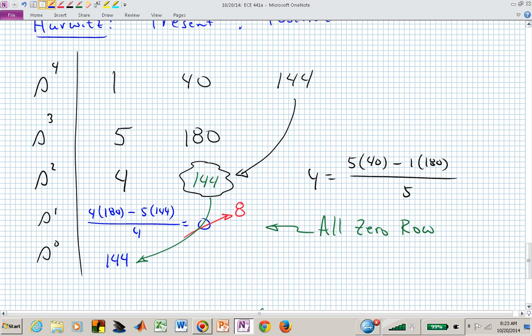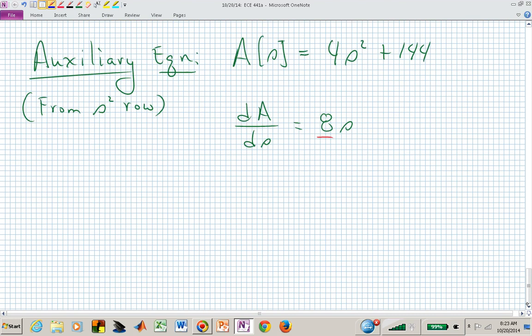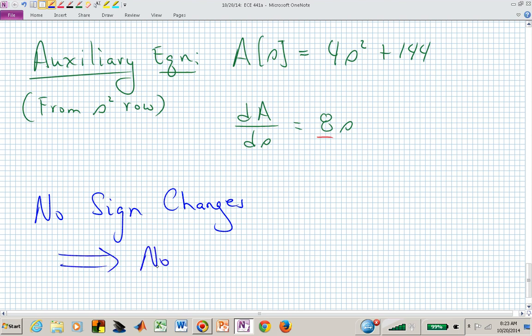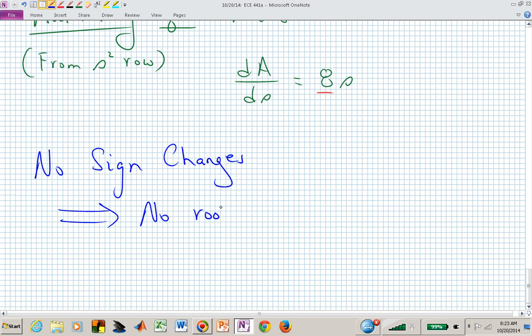We have 0 roots in the right half plane from the no sign changes observation. That implies that in the polynomial we started with, we have no roots with positive real parts.